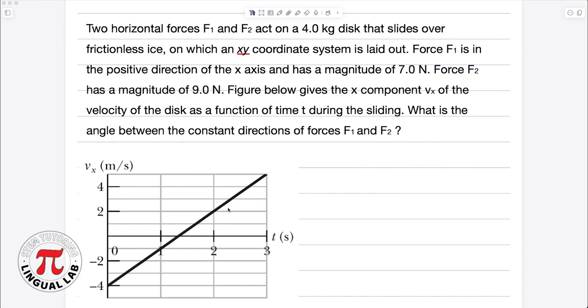The force is constant, so the acceleration is constant. The velocity is increasing at a constant rate. Then first I'm going to figure out what the acceleration is.